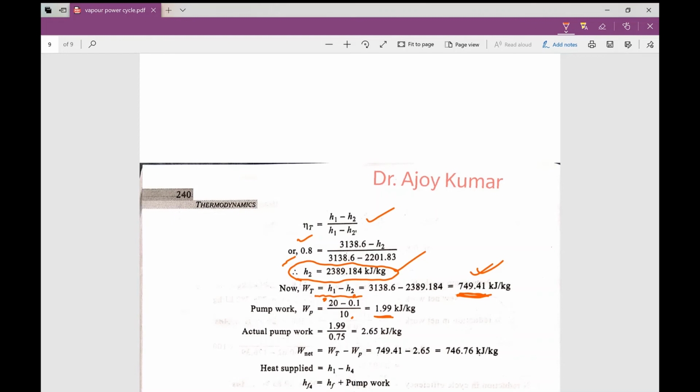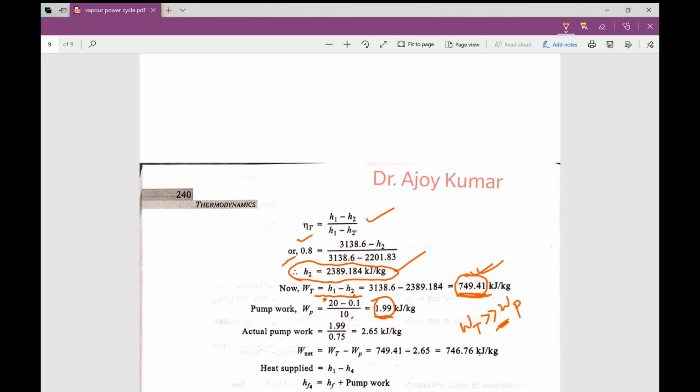Now dear students, look, earlier I told that turbine work is very much greater than pump work. The turbine work is 749.41 and pump work is merely 1.99. It is very small, so sometimes if nothing is mentioned in the numerical, we neglect pump work directly.